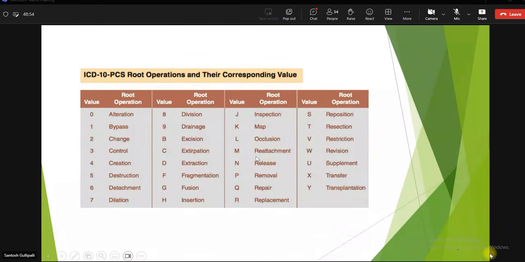What is the character value for resection? T. So 0DT. Okay, 0DT is the correct code, right?